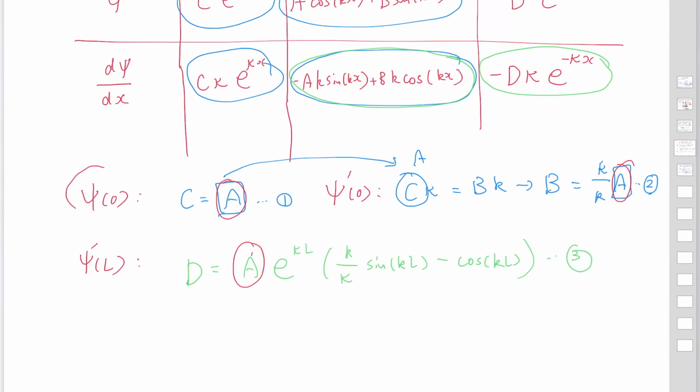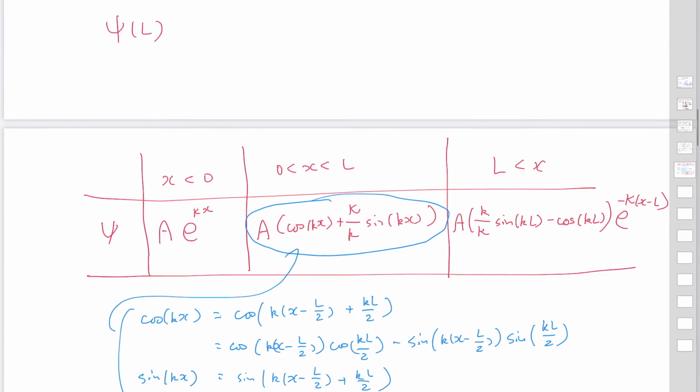So we have already used the boundary conditions psi 0 and psi dash 0, psi dash L. We don't use psi L yet, so we'd like to use the boundary condition for psi L. This is expressed as cosine kL plus kappa over k sine kL equals k over kappa sine kL minus cosine kL.